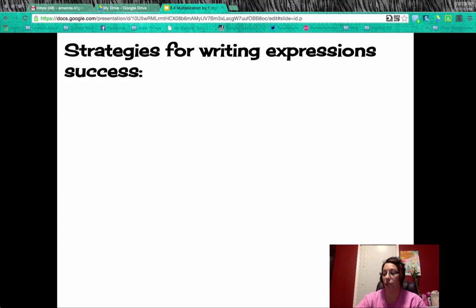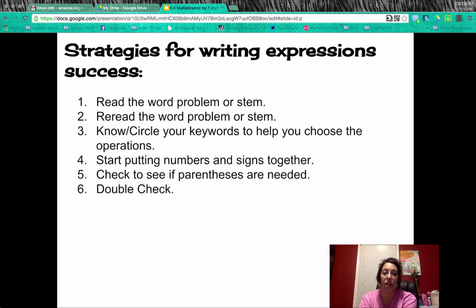So let's review our strategies for writing expressions success. First, read the word problem or stem phrase, whatever you want to call it. Read it first. And then reread to make sure that you really understand what you're being asked to do. Circle your key words to help you choose the operation.